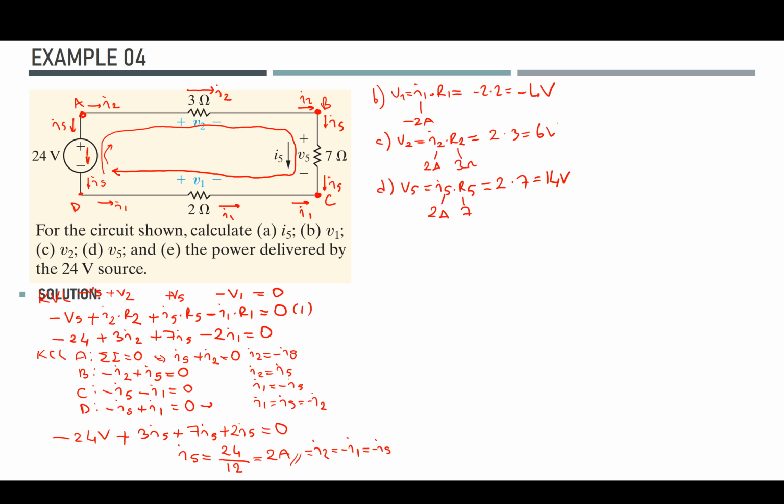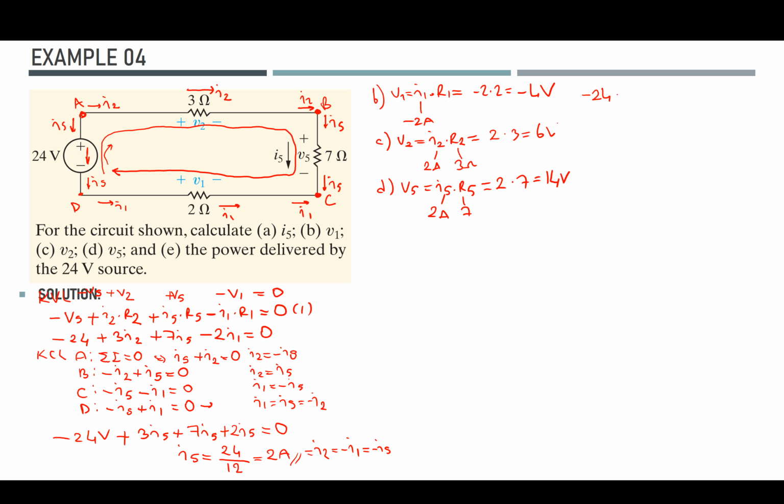So I can do a sanity check to see if I'm correct. I can use equation 1. I can simply plug these values into the equation and check if my original assumption was correct.